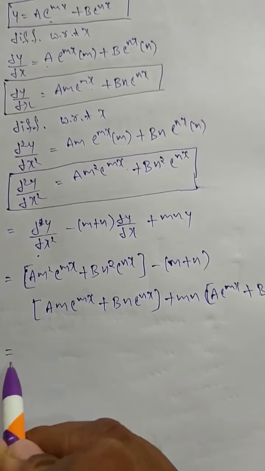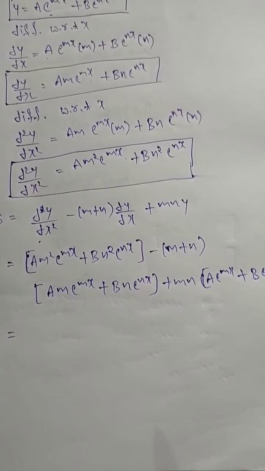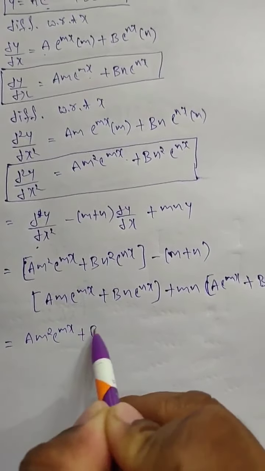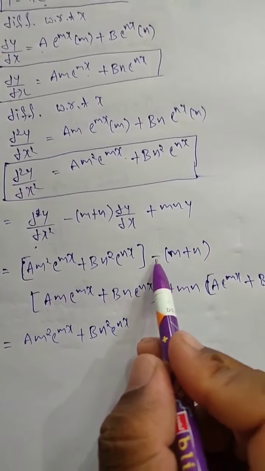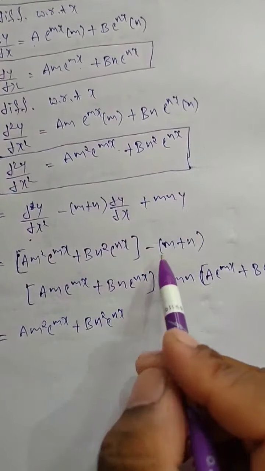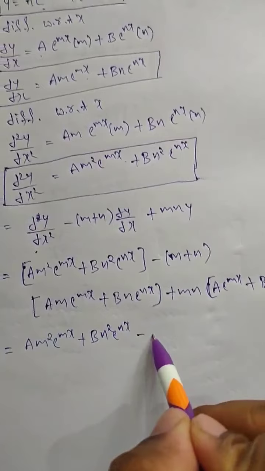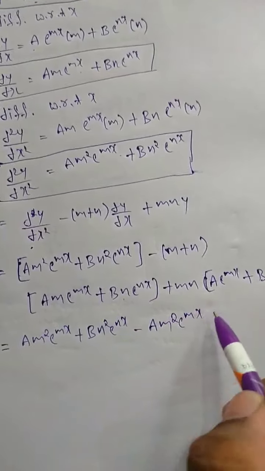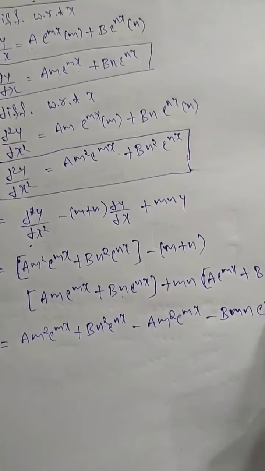So this is equal to am square e to the power of mx plus bn square e to the power of nx. Now I am multiplying the m, and here we have a minus, so on multiplication all the terms will get minus, because here there are only plus terms. Multiplying the m: minus into plus, minus am square e to the power of mx; for this term, minus bmn e to the power of nx.